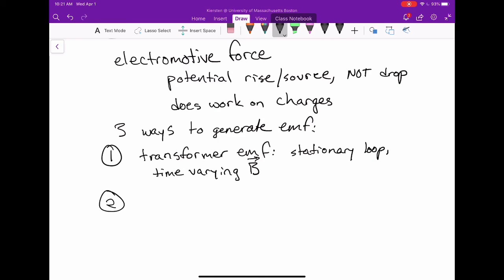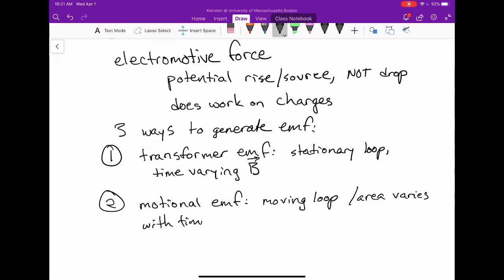The second way is a motional EMF, which is a moving loop, or one whose area varies with time, and a static magnetic field.